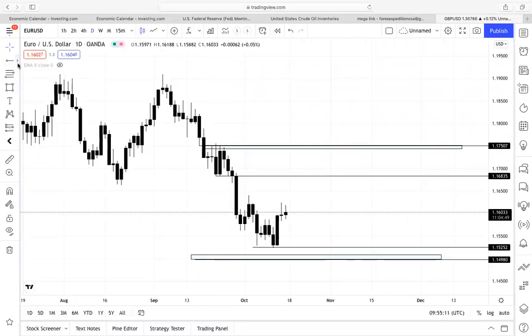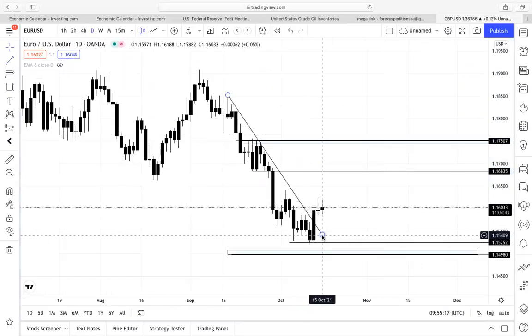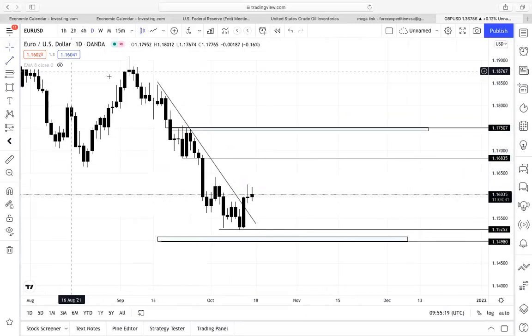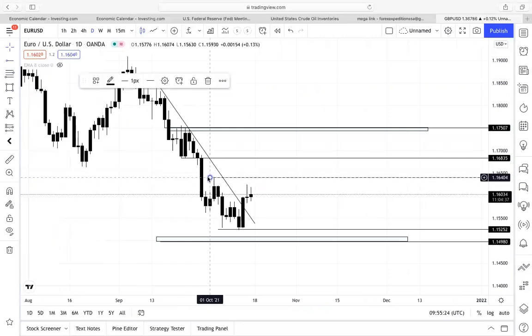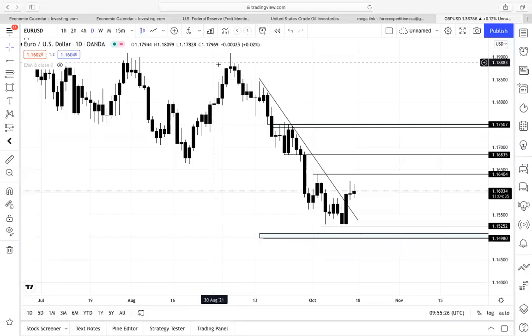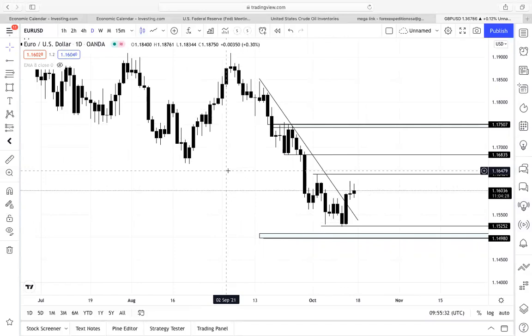Trend line, if it's possible. The market is moving in a downtrend. Now, I'm going to check this key level as well, because the market is moving in a downtrend. It broke the trend line, which we can all see. We're all expecting the market to be bullish, maybe until this key point over here.